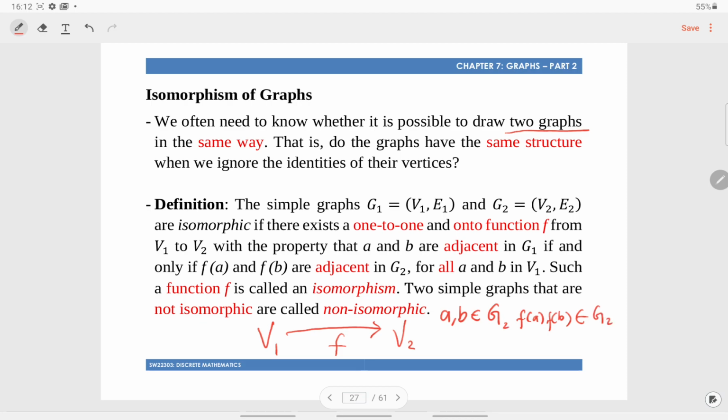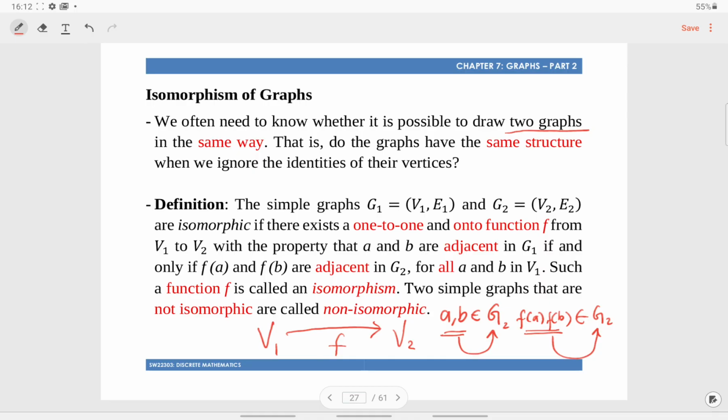which belong to the graph G2. So the conditions to be isomorphic: first, we have a function f mapping from V1 to V2, where f is one-to-one and onto. The next condition is that if A and B are adjacent in G1, then f(A) and f(B) are required to be adjacent in G2, for all A and B in the set V1.